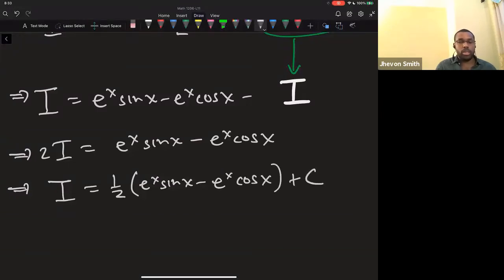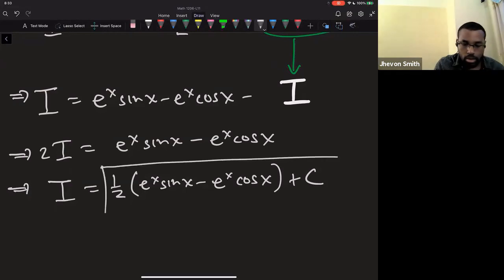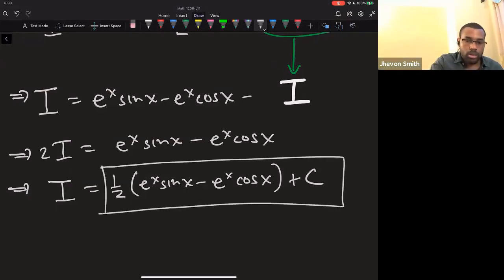And of course, the plus c comes from the constant of integration. So yeah, we can still solve for that guy.